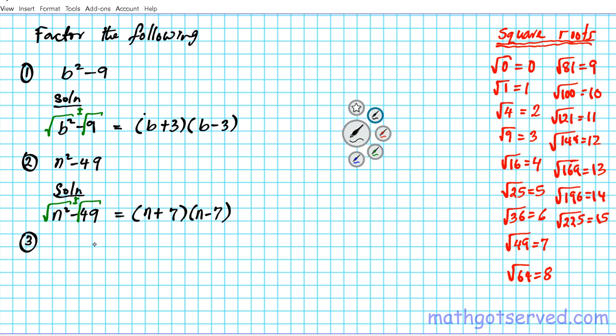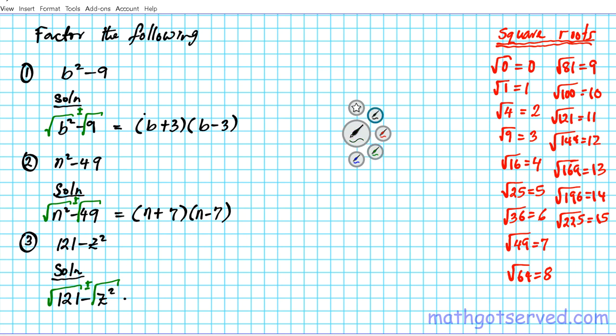Now let's have the following problem, 121 minus z squared. Do we have a difference of squares here? Do we have two squares? Yes, 121 and z squared are both squares. Do we have a difference? Yes. So difference of squares, check. Square root the first and the last and write it as a sum and a difference.